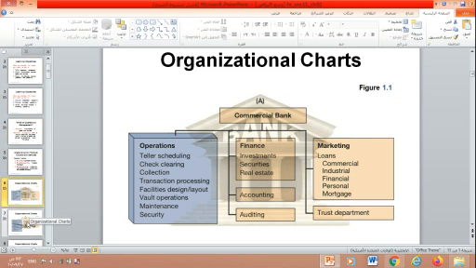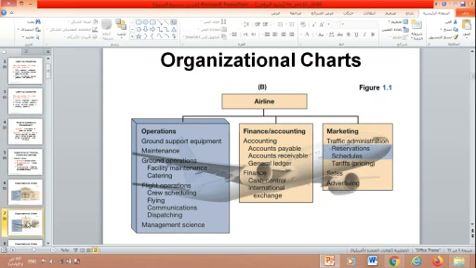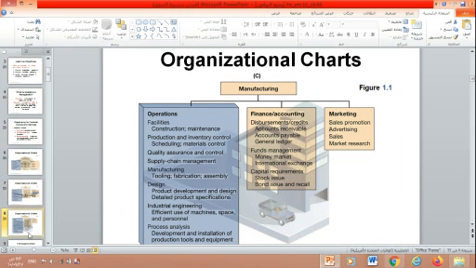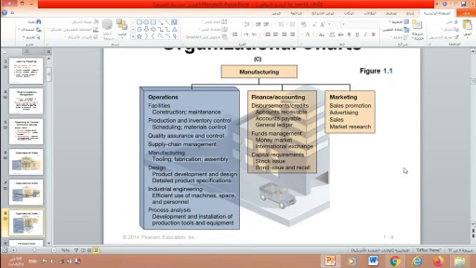Also, the next slide shows the main operations of airline services, and the third one, the main operations in manufacturing firms, such as facilities, construction and maintenance, production and inventory control, scheduling, material control, quality assurance and quality control, supply chain, manufacturing, designing of the products, industrial engineering, and process analysis.